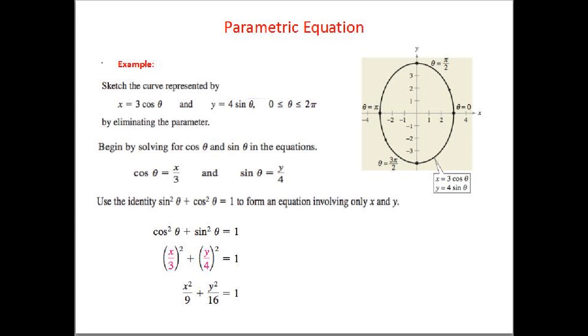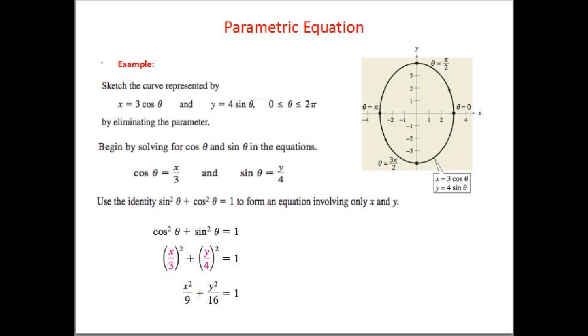By adding the two equations together and squaring them, we get cosine squared theta plus sine squared theta is equal to x over 3 squared plus y over 4 squared. And cosine squared theta plus sine squared theta, since we know from the Pythagorean identity, is equal to 1.